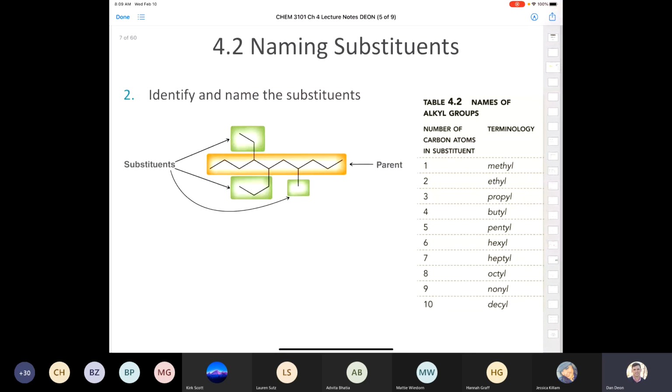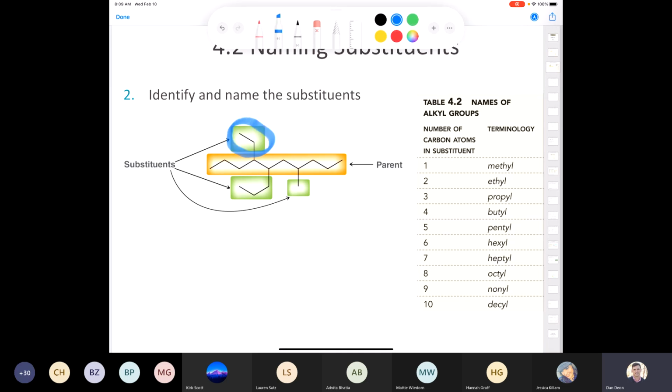Okay, well, how do we name substituents? Because we know that we can have a straight chain of hydrocarbons and we can have branches off of that hydrocarbon. Well, we have to come up with names for those. If you look at the one that I'm going to circle here in blue, what is that made of? If I draw that out, we have the bond coming off of the chain, then we have CH2, and then we have CH3, like that.